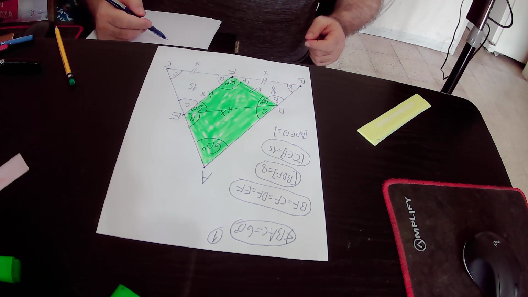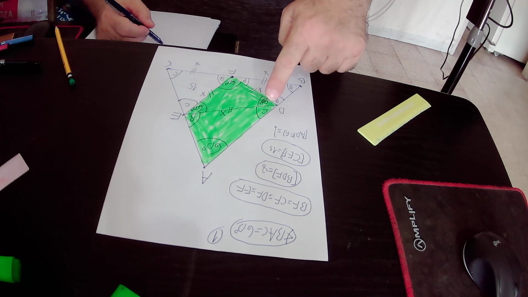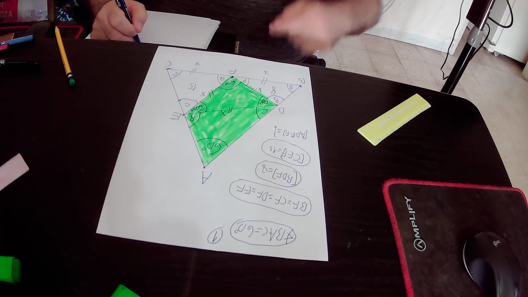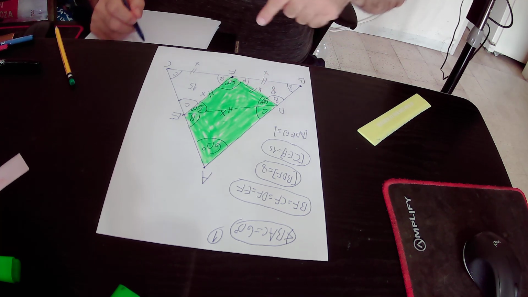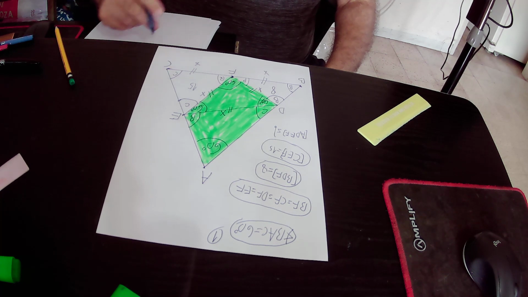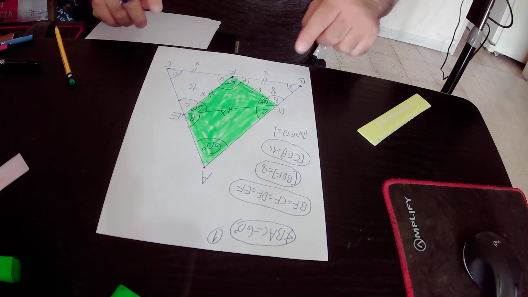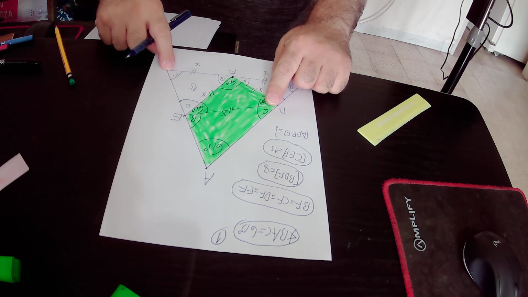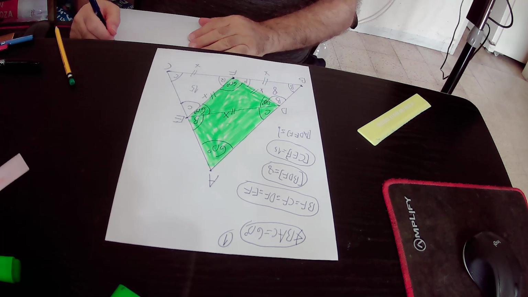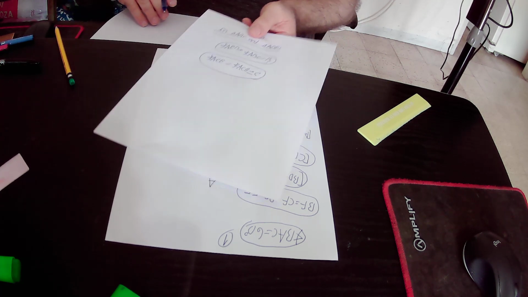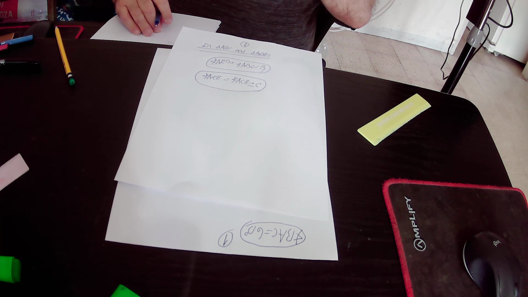And angle ACE on triangle ADE equals angle ACB on triangle ABC. And both those two angles are equal to C. Okay? So we found out that we have two angles that are equal in both those two triangles.